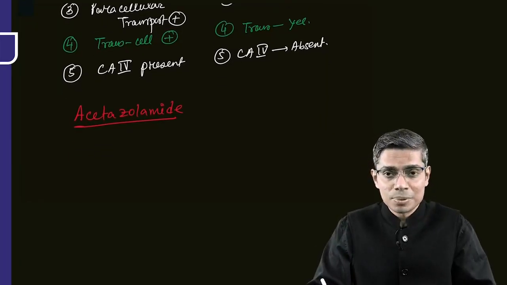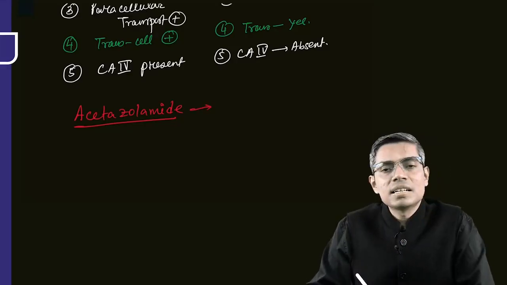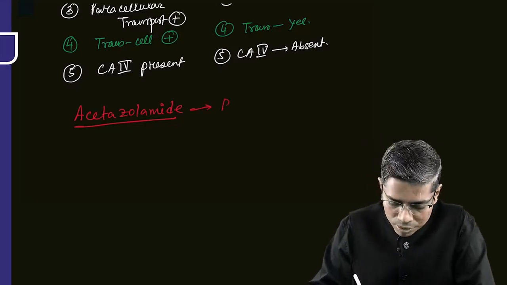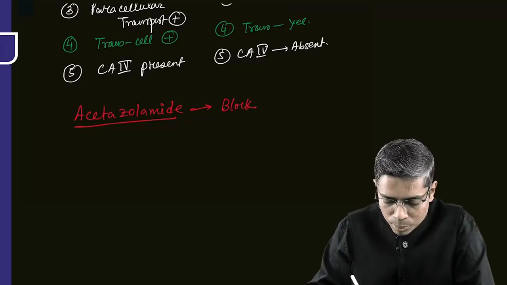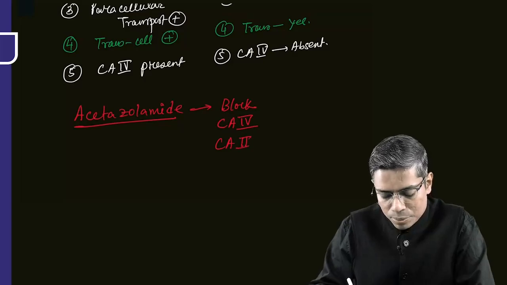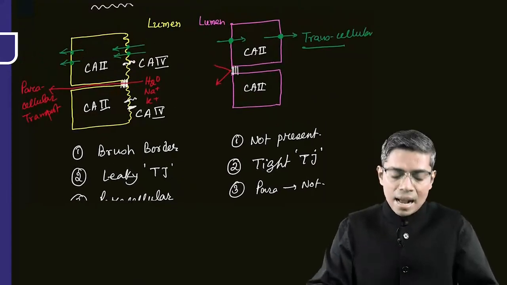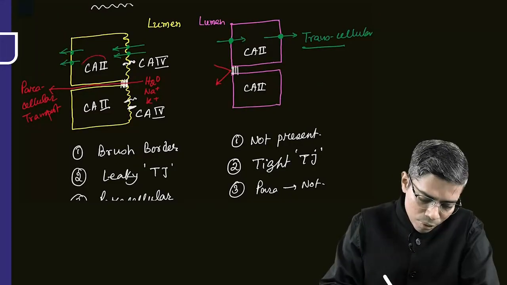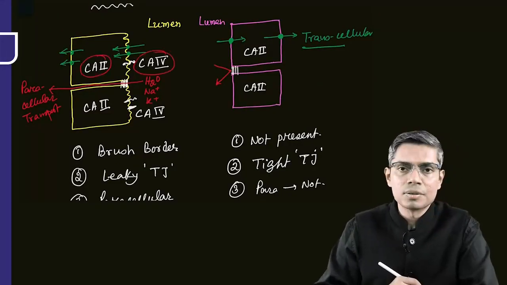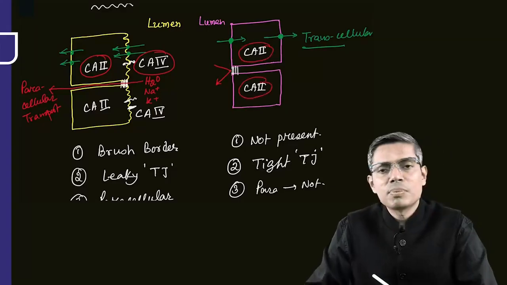Now if I ask you, acetazolamide blocks which subtype of carbonic anhydrase? Type 1, type 2, type 3, type 4? Your answer will be that at the level of the nephron, it blocks both carbonic anhydrase type 4 as well as type 2. Please remember both varieties. At the proximal tubule, it blocks both the membrane and cytoplasmic varieties, but at the collecting duct, it blocks only the cytoplasmic variety.